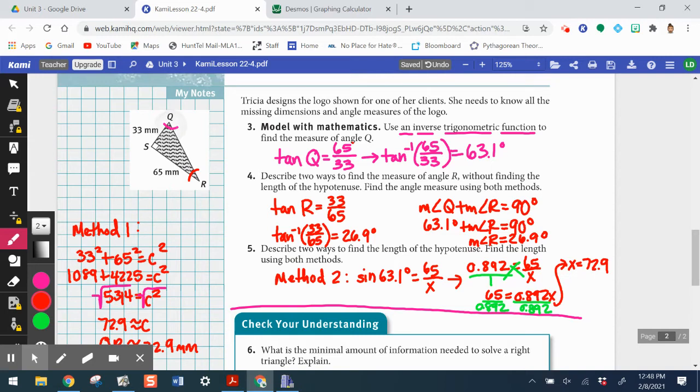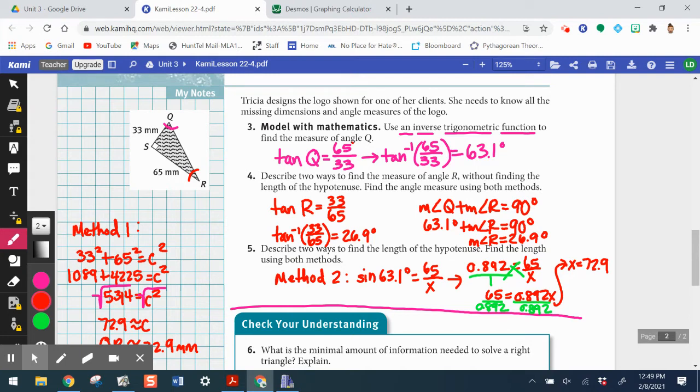So looking at angle Q, I actually know the measure of the side opposite of it, SR, which is 65 millimeters. So I know the opposite leg to that angle. And I've also been given the length of SQ, which is 33 millimeters, and that side is considered adjacent to angle Q. So the trig function that utilizes the opposite leg and the adjacent leg is known as the tangent function.